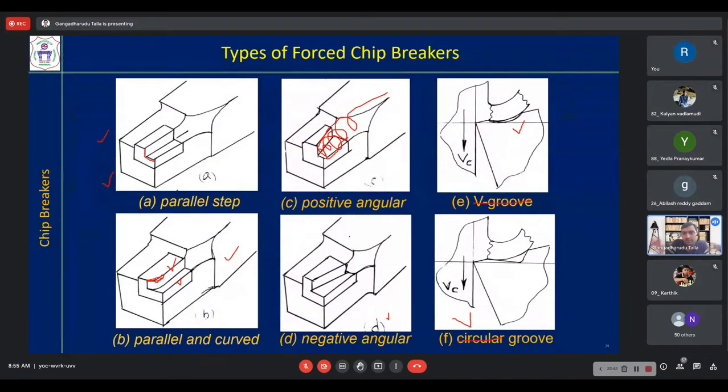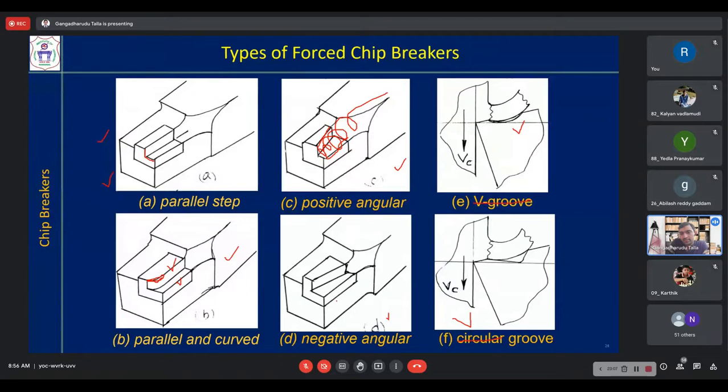So when you want to protect your workpiece, that means your chip should not go and hit the workpiece or disturb the machining process too much, then you will take the chip away from the machining zone in that fashion. So in that case, you can provide positive angular step.